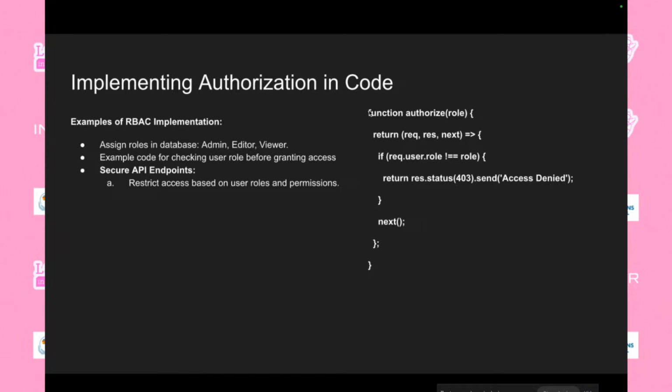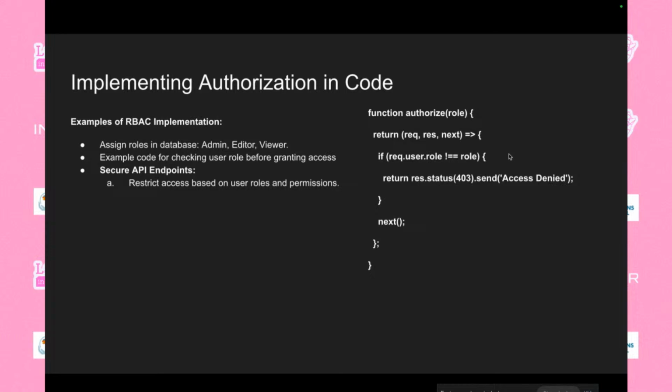You can define a middleware that extracts the role from the request. Check if the role matches what the role is supposed to be. Let's assume the request.user, the role assigned to that user is admin, and the role we define is, let's assume, auditor.